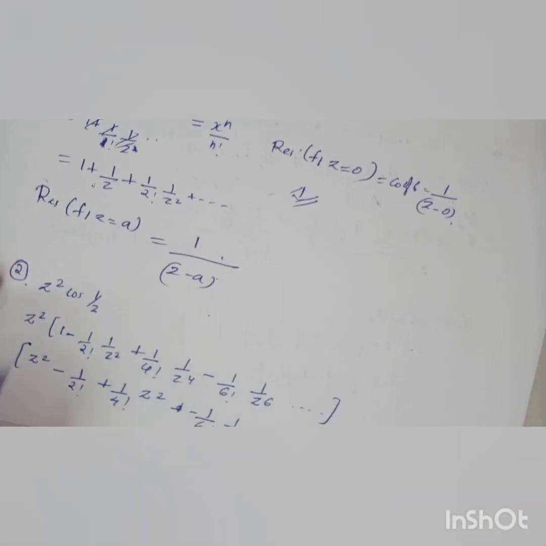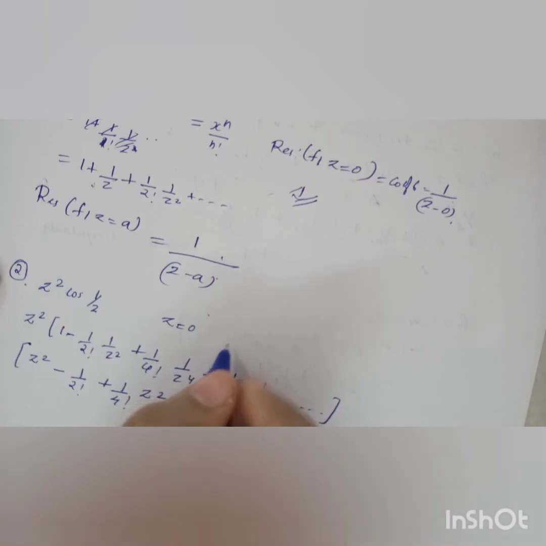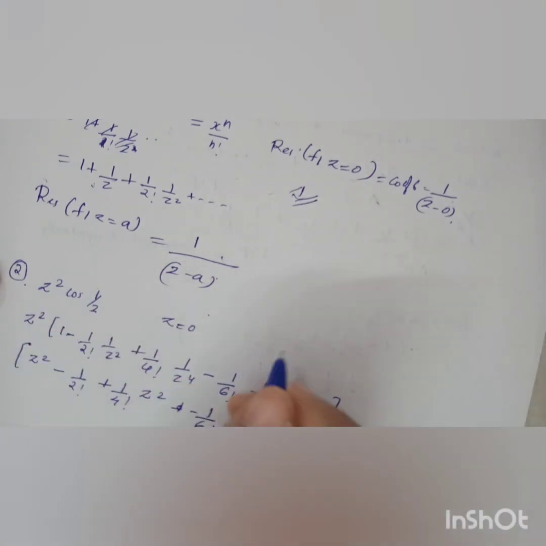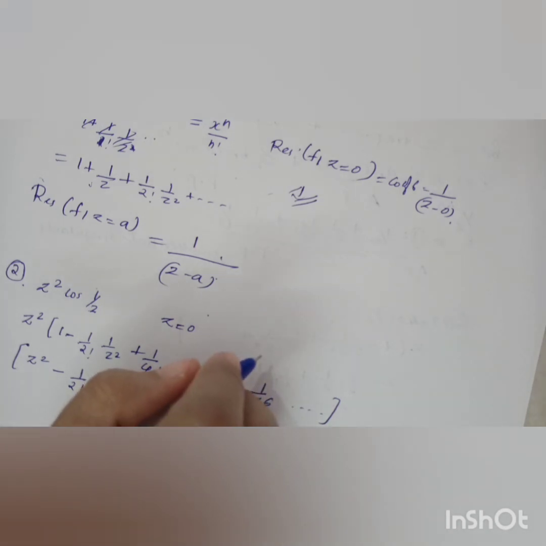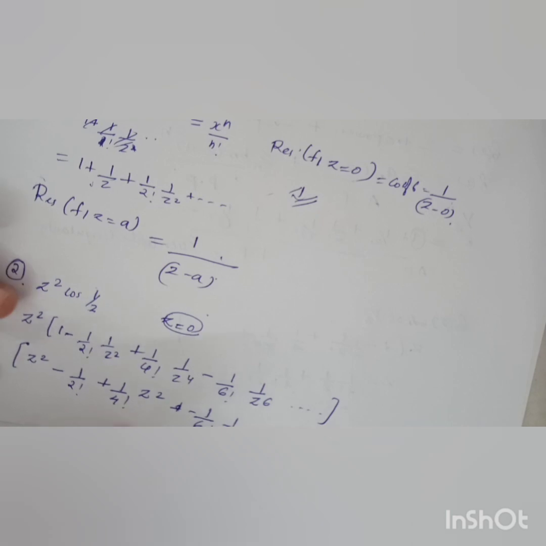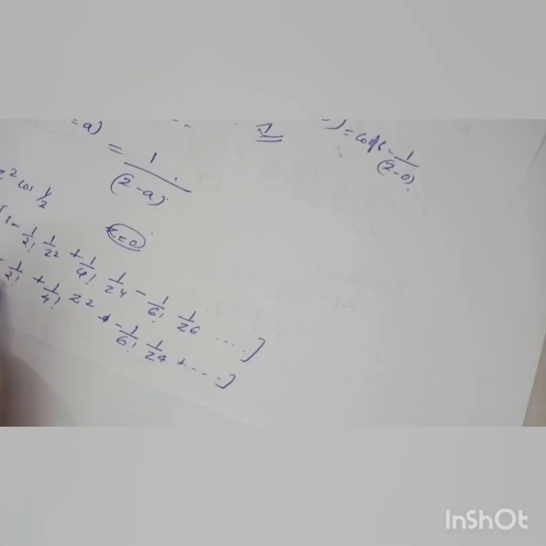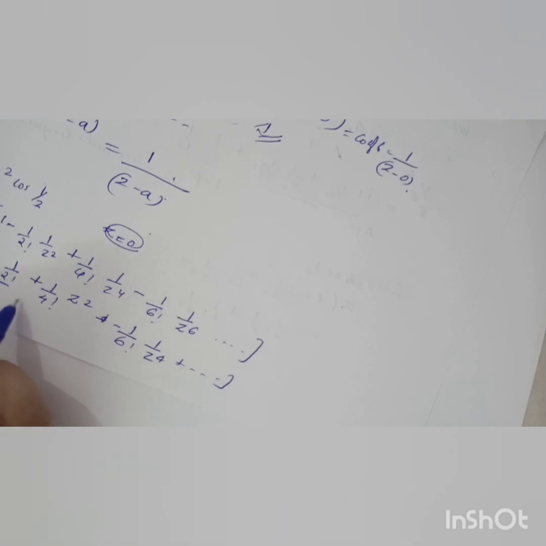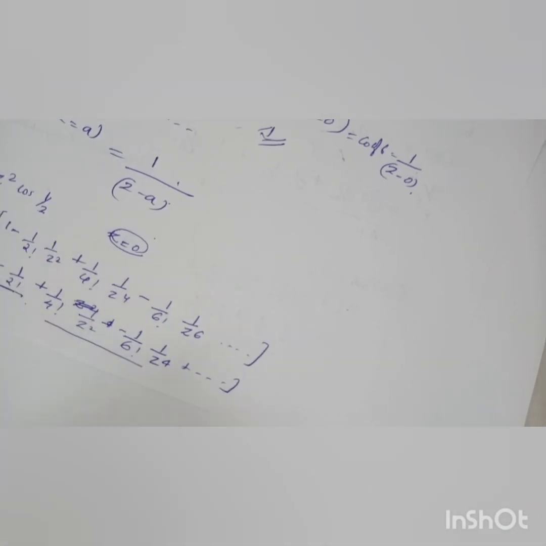The singular point is z is equal to 0, because it is cos of 1 by 0, that is cos infinity. So z is equal to 0 is a singular point. Here the terms with positive powers are the analytic part, and the terms with 1 by z square and so on are the principal part.